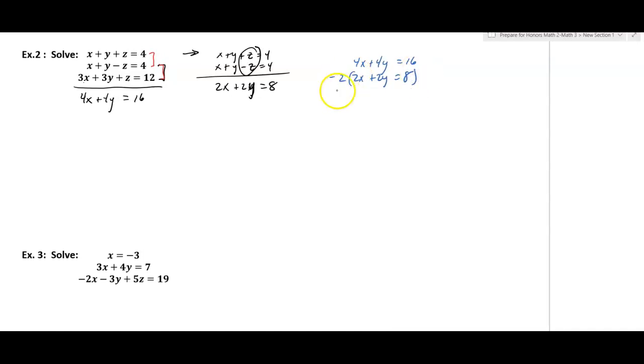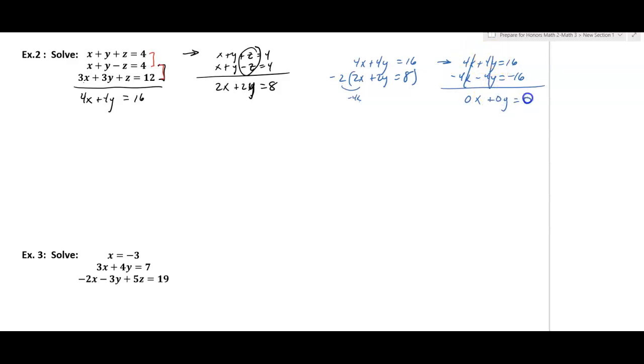And the reason is that would create negative 4x here, and these would add up to 0. So the top equation stays the same. The bottom equation, I get negative 4x minus 4y equals negative 16.